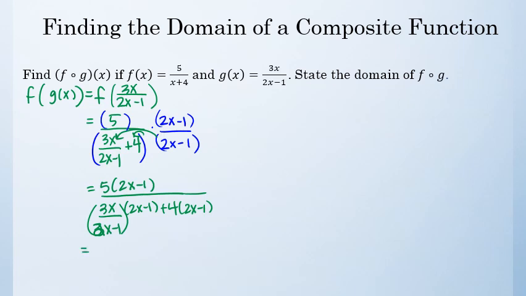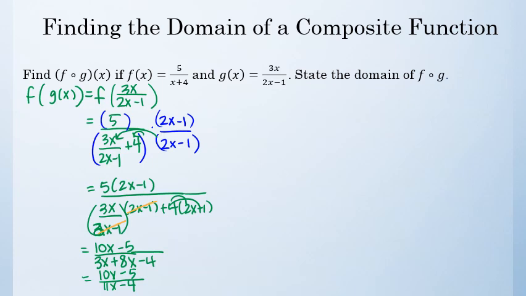When I simplify, this leaves me with 10x minus 5 on the top. Those cancel, so I'm left with 3x plus 8x minus 4 in the denominator, which gives me 10x minus 5 over 11x minus 4.